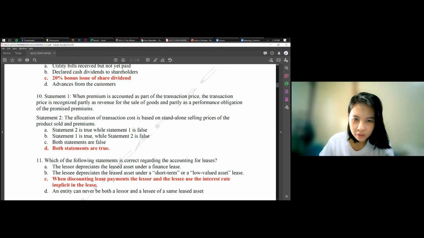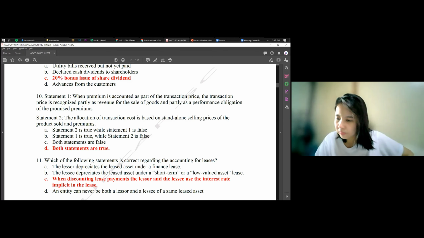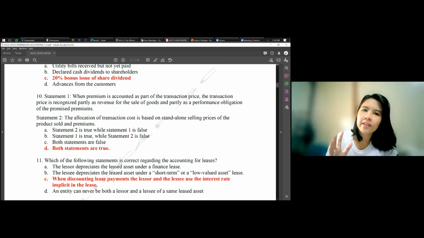For letter C, of course, we are using the implicit interest rate. Usually, we adjust it especially when there are initial direct costs. So we definitely discount it based on a rate that is implicit rather than expressed.